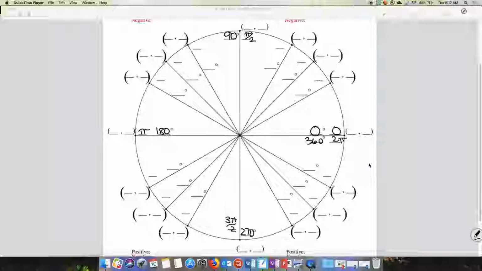Now, if this is a unit circle with the center at the origin means 0, 0, right? Unit circle, radius is length 1. What's this coordinate right here? 1, 0. Okay? Here's the origin. What is this coordinate up here? Oh, whoops, I just wrote it backwards. 0, 1.